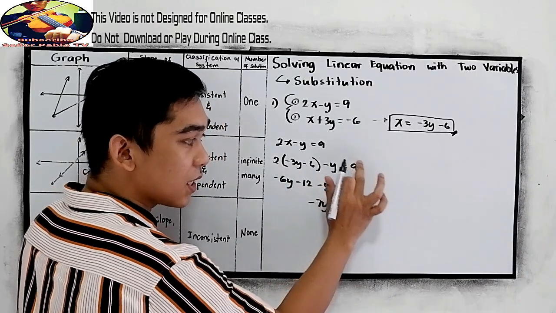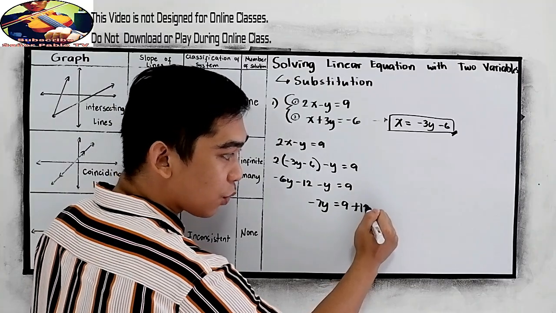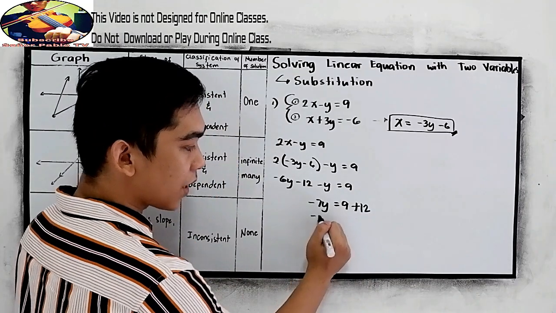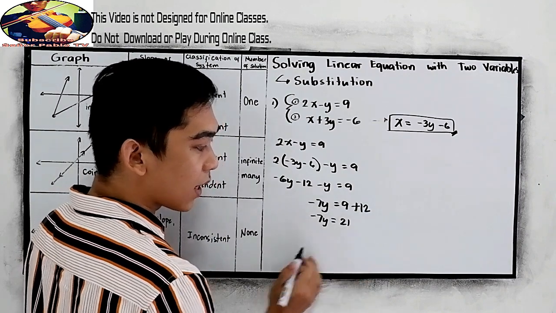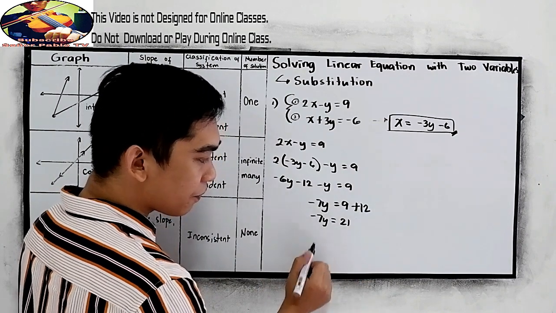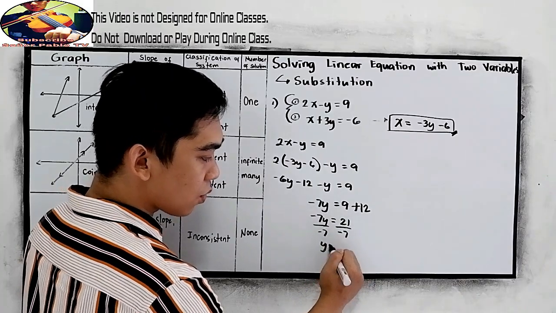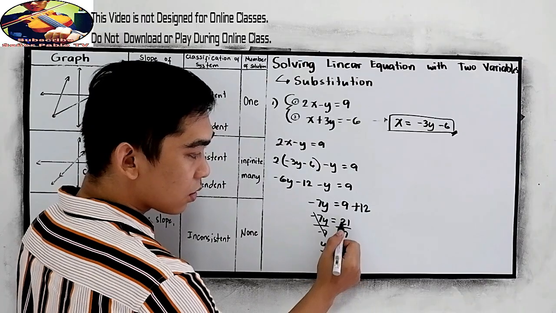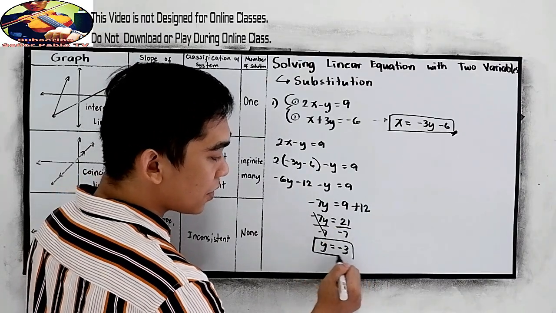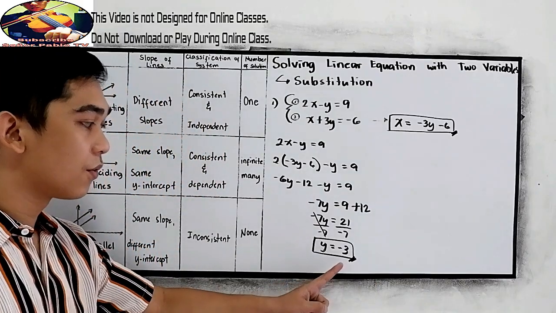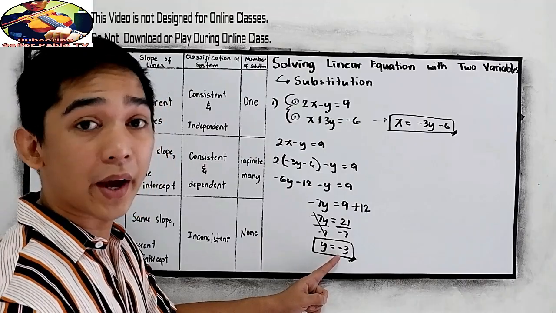Using the addition property of equality, I will move negative 12 to the right, so that will become positive 12. So negative 7y is equal to 9 plus 12, which is 21. Now we divide by negative 7. So y is equal to 21 divided by negative 7, which is negative 3. This will be the value for our y.